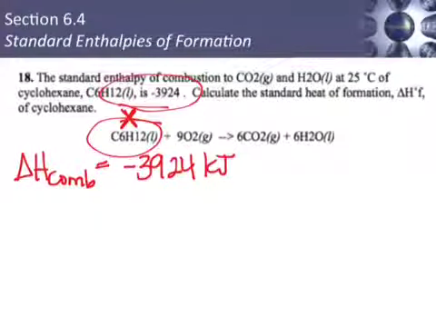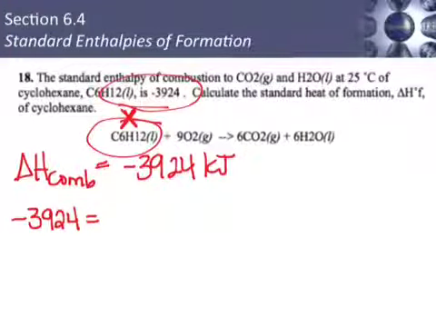So delta H is products minus reactants. Delta H is negative 3924. They've told us that. Combustion, yeah, it would be for 1 mole of that. Yes.